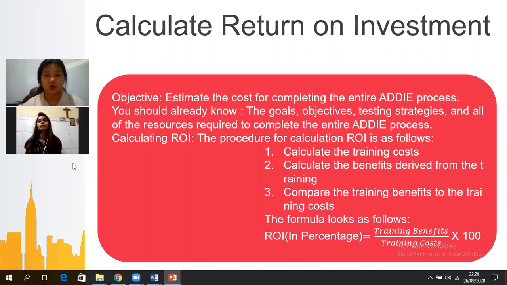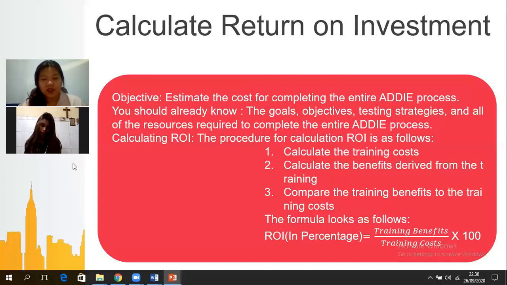And then the second one is calculate the benefits from the training, because we need that. And then the last one is compare the training benefits to the training cost.